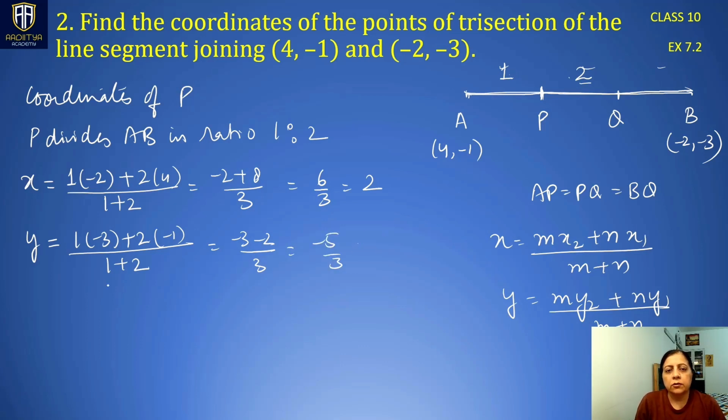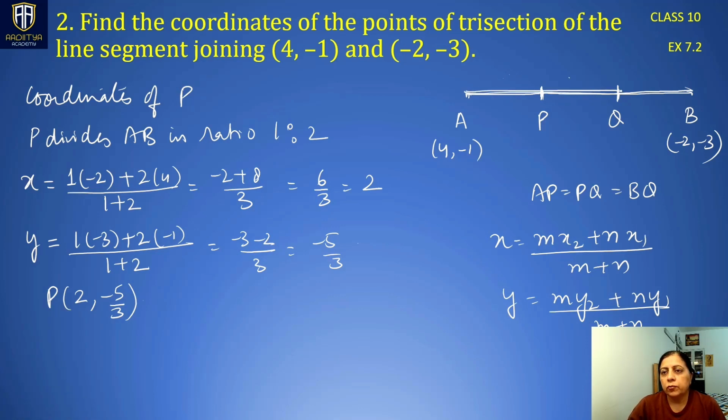So the coordinates of P become 2, -5 by 3. Now we have to find the coordinates of Q. Now that can be done in two different ways. If we have to find Q, you can see that, now I'm erasing this.